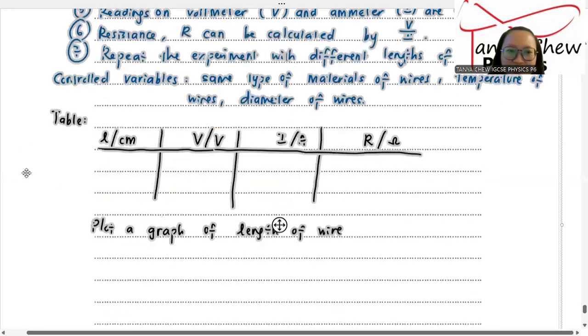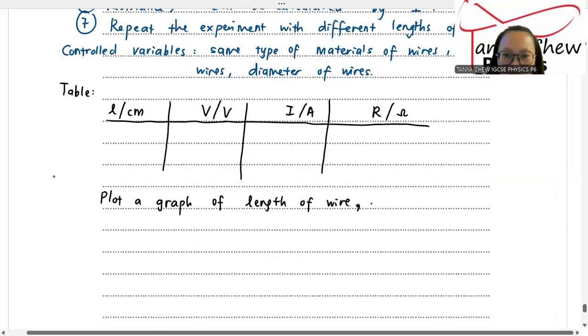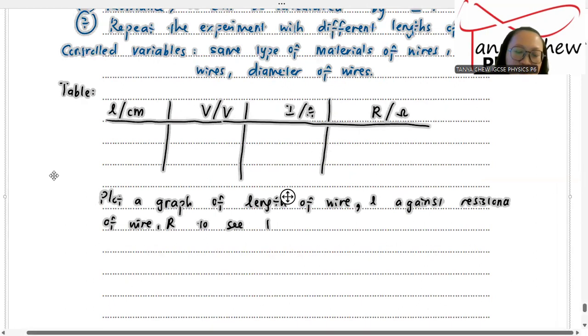Length of wire, which is L, against resistance of wire, which is R, to see the relationship, right?